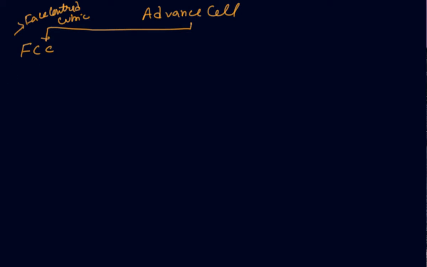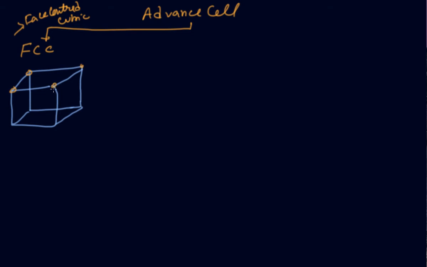Face centered cell. In this cell, particles are present at the corners also, as you see when you are drawing the unit cell and representing the particles at the corner.